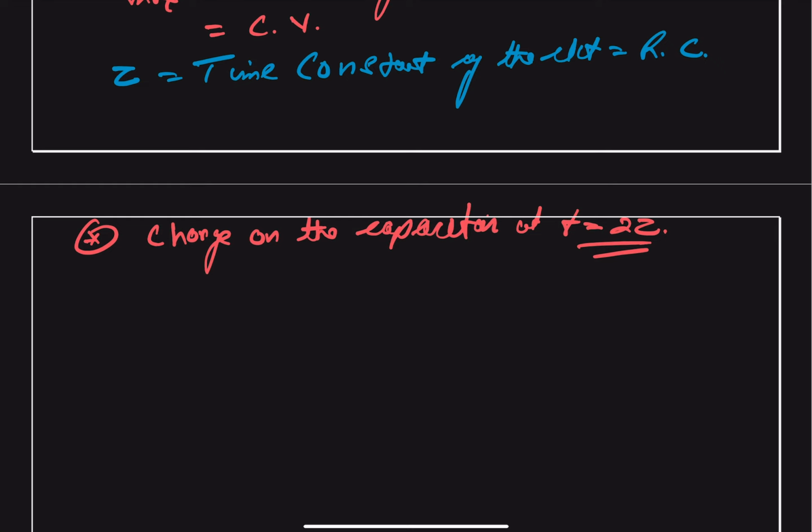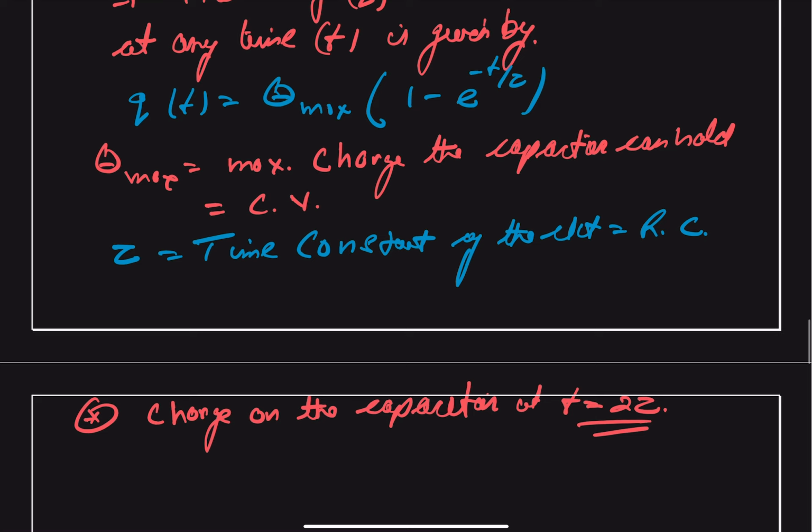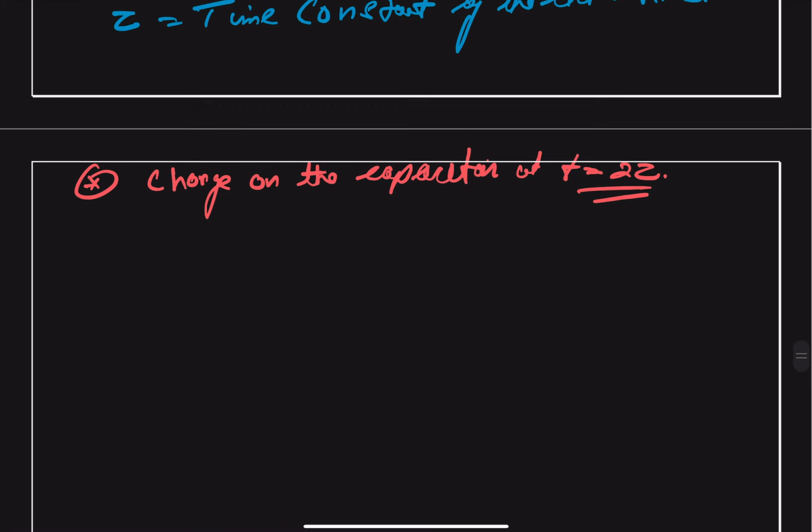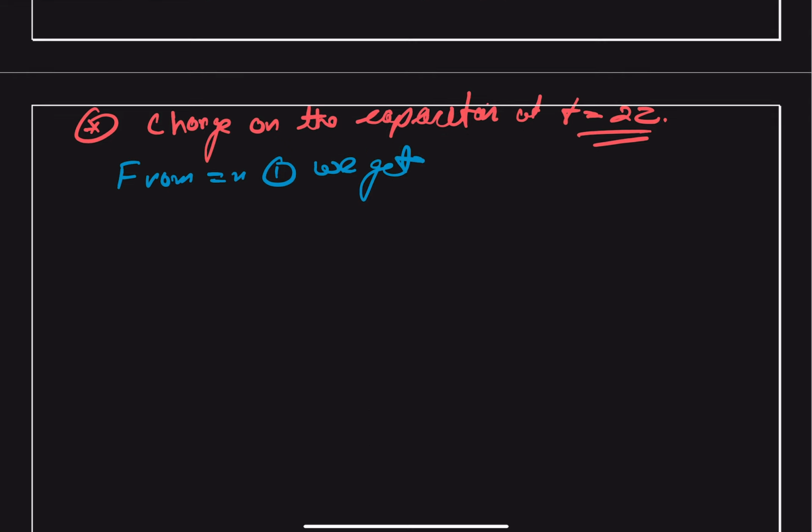So we simply substitute this value of t. Let us suppose this is our equation number 1. From equation 1 we get Q of 2 tau will be equal to Q max times 1 minus e raised to the power minus 2 tau upon tau.